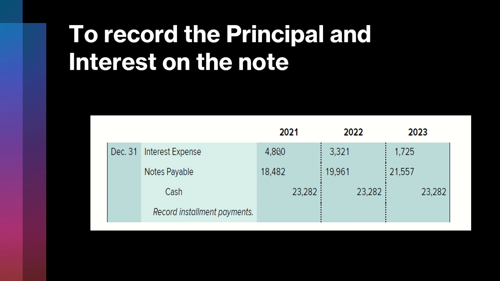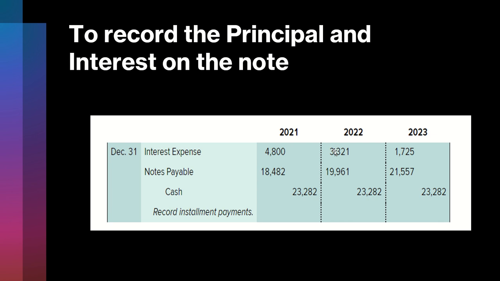This is what the lender is actually capitalizing on. They're making money off of this loan, and the $23,000 also is covering the principal balance of $18,482 by reducing that principal balance down. Because again, the goal is to get rid of that loan balance.